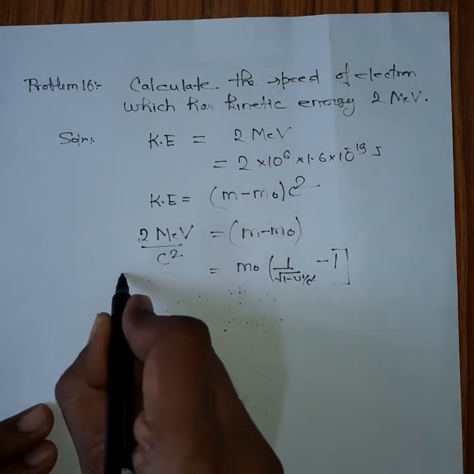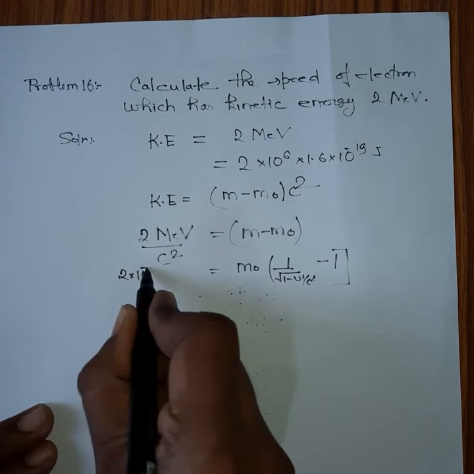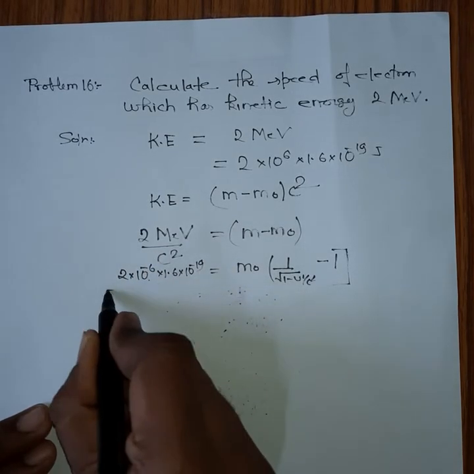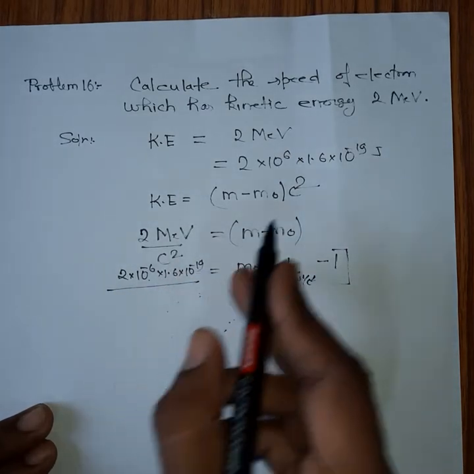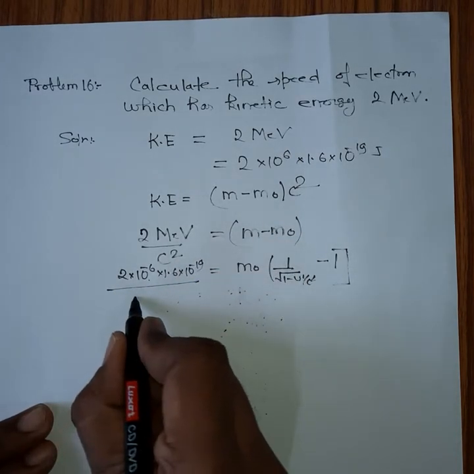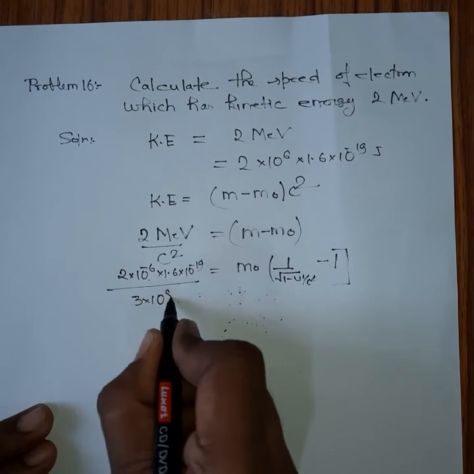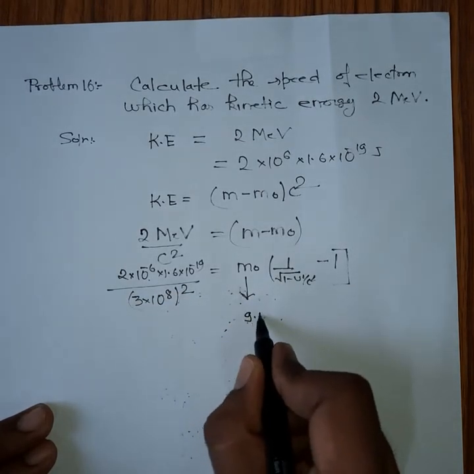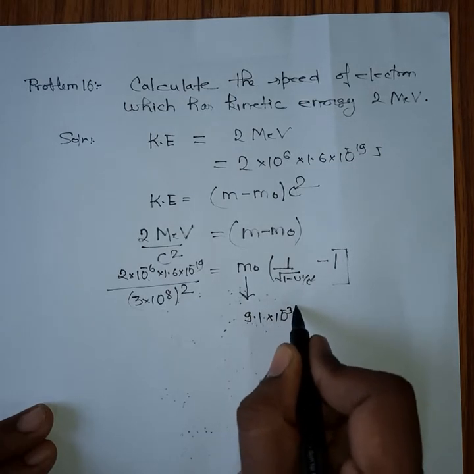So 2 MeV, you can substitute 2 × 10^6 × 1.6 × 10^-19, c is 3 × 10^8 squared, and m0 is 9.1 × 10^-31.